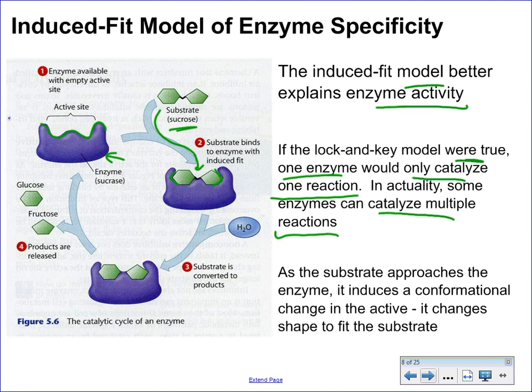You can almost think of the enzyme hugging the substrate as it comes into contact with it. It hugs it so hard that it causes a reaction to happen. In this case, sucrose gets hydrolyzed, or split, into its monosaccharides. So that sucrose gets split into fructose and glucose, which then get released from the active site of the enzyme. The active site changes back to its original shape and is then ready to be used again.